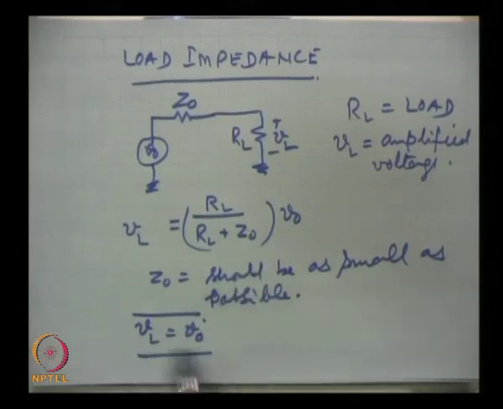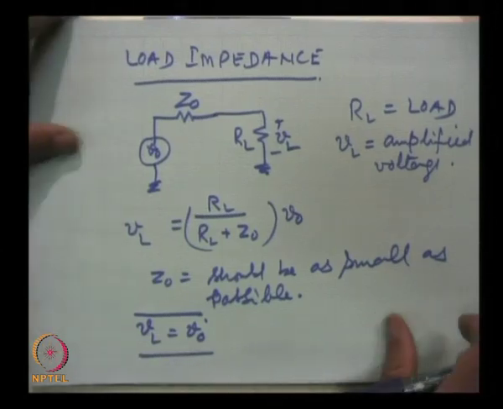When this is low, there is no loss of voltage. So, remember that the source we use with the amplifier should have low resistance, R s should be low, and the output impedance of the amplifier should also be low if we want proper voltage at the load. Now, we come to R parameter analysis.